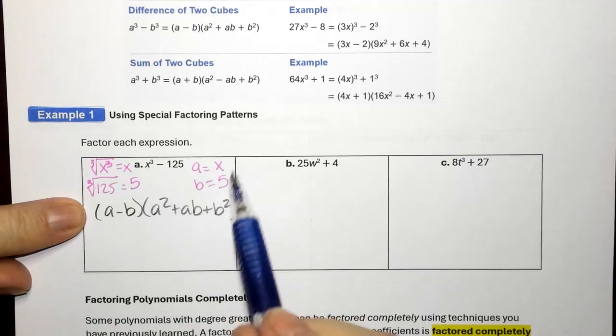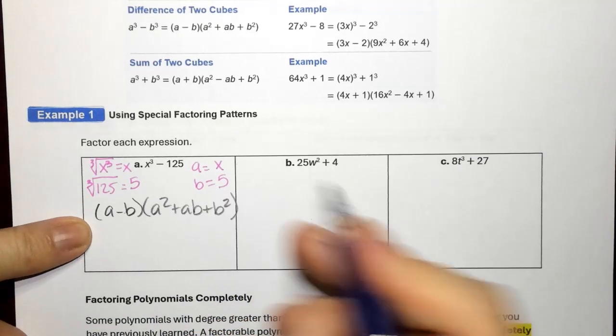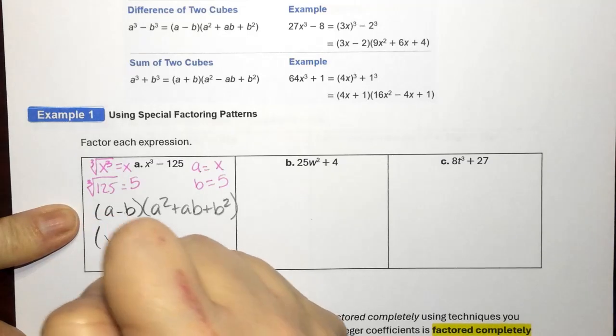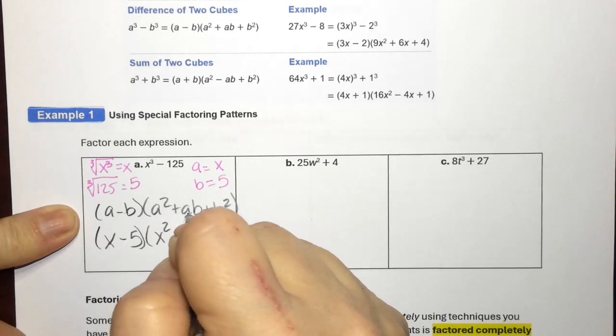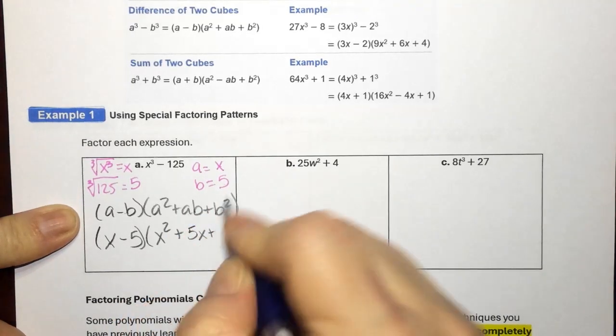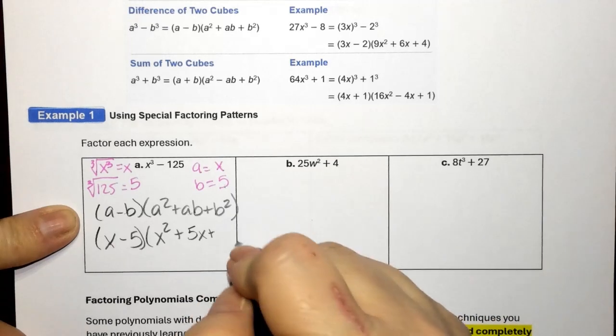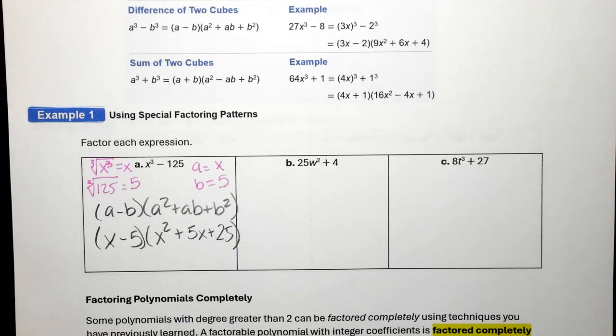And so now all I'm going to do is put in my x for my a and my 5 for my b's. So I have x minus 5 times x squared plus a times b, so x times 5 would give me 5x, plus b squared, so 5 squared would give me 25. And I'm done. Right? It's that easy, but you have to know what your a and your b value is. That's the most challenging part.